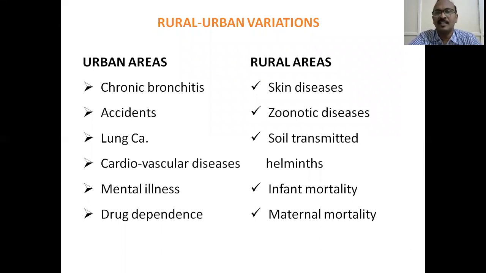Likewise, infant mortality and maternal mortality are more prevalent in rural areas compared to urban areas, either because of ignorance or illiteracy, or because of the age factor of the mothers, or because of the lack of utilization of the health services, or it can also be due to the absence of health services in that area.